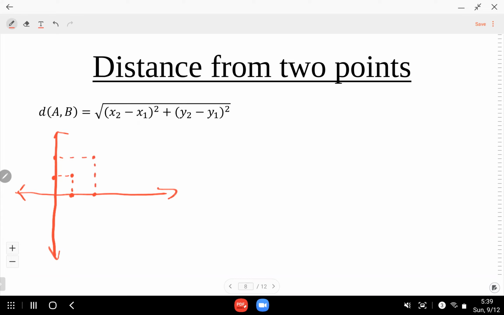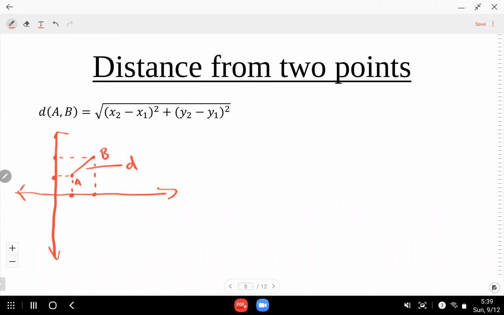We have 2 points here, and let's call them A and B. All right. And the distance between them, that is D. All right. So how would we find the distance between them?